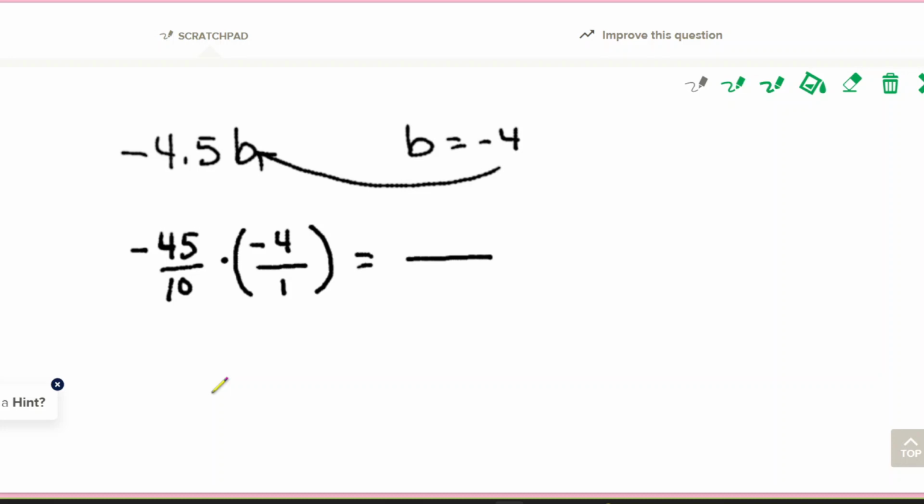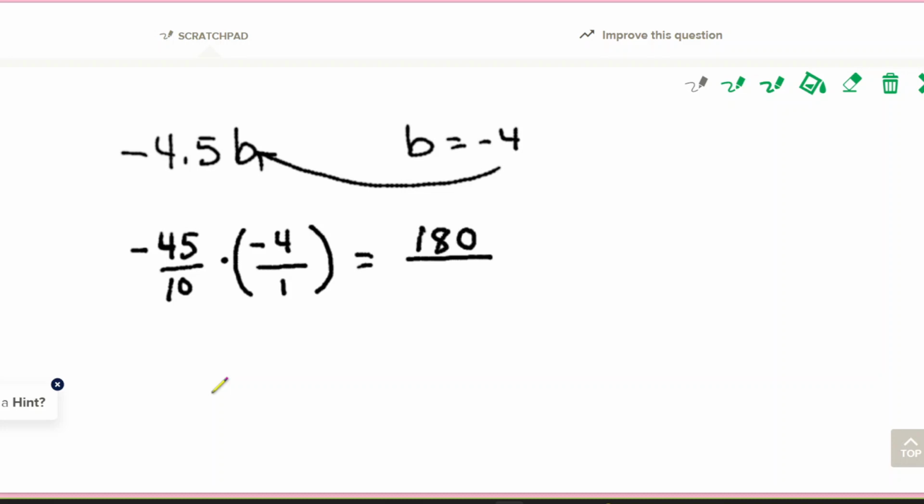Now in the numerator, this is a negative number multiplied by a negative number, so the result will be positive. In the numerator, 4 times 45, really, because negative times negative will be positive. 4 times 40 is 160. 4 times 5, 20. You add those up, we'll make 180 in the numerator.